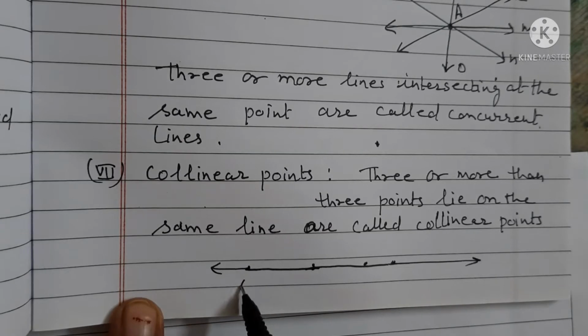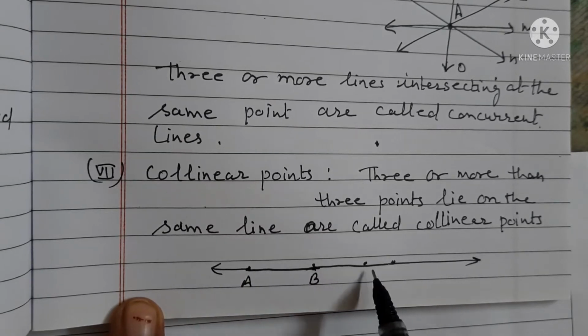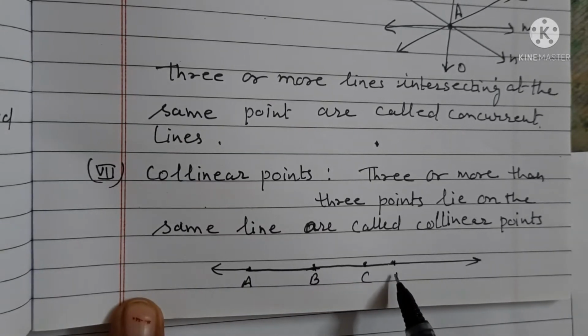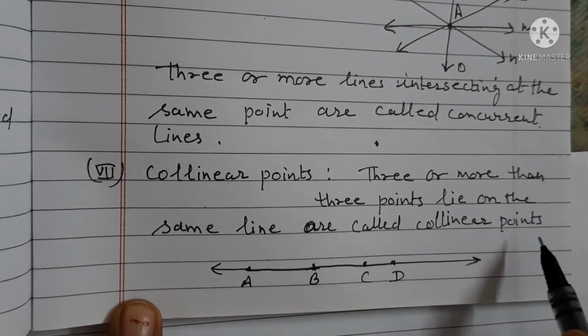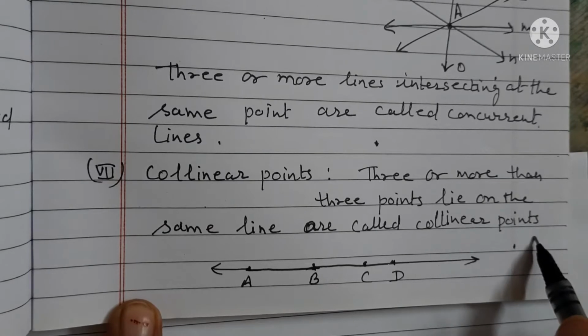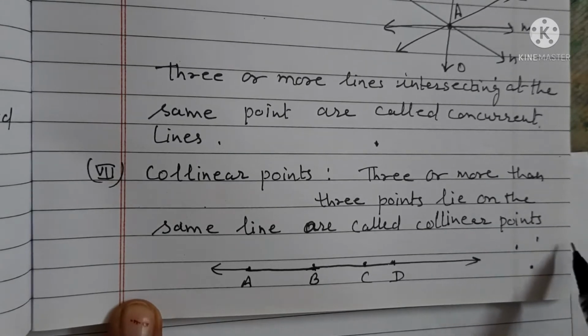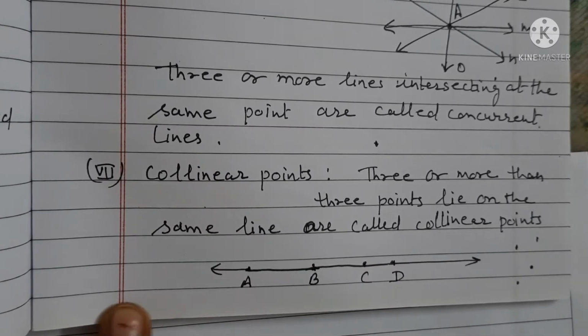So these are collinear points, and 3 or more than 3. And if the points do not lie on the same line, they are called non-collinear points.